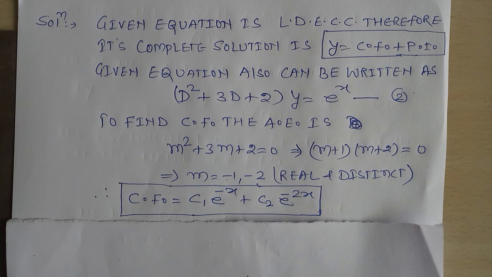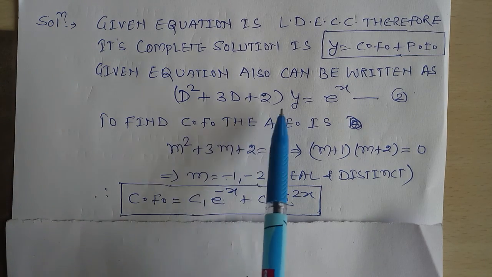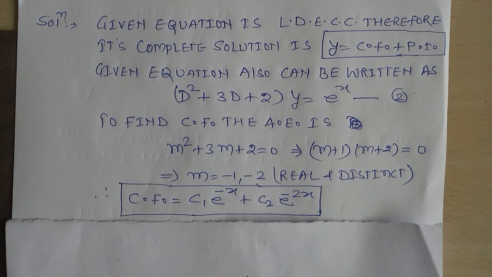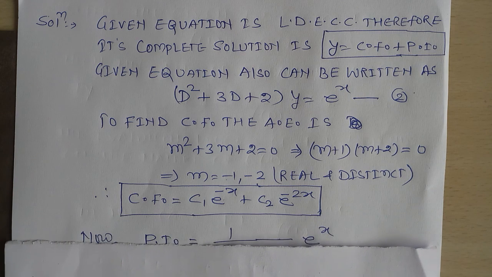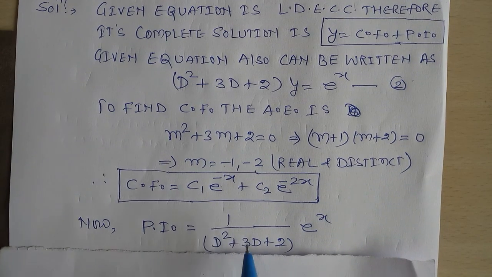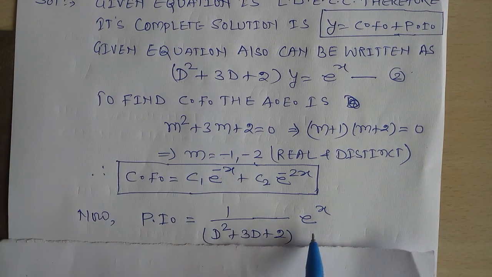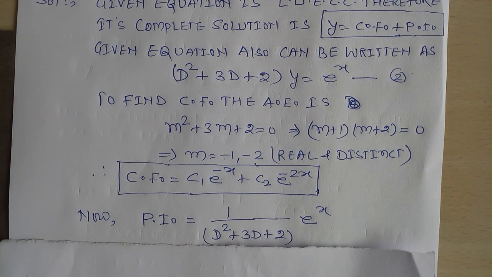Now we find the particular integral, and for the particular integral we transfer this product term f(D) to the right hand side. Then we get the particular integral as 1 upon f(D), which is D squared plus 3D plus 2, into e raised to x.